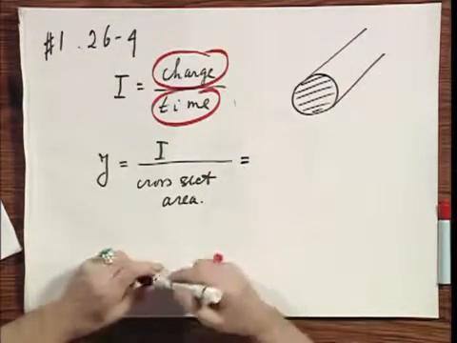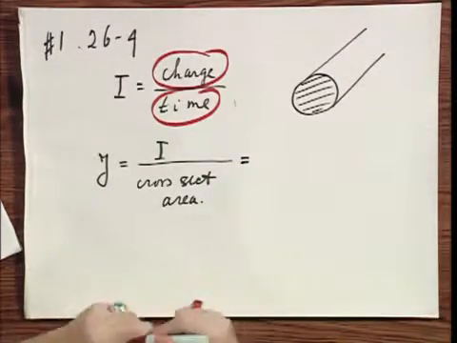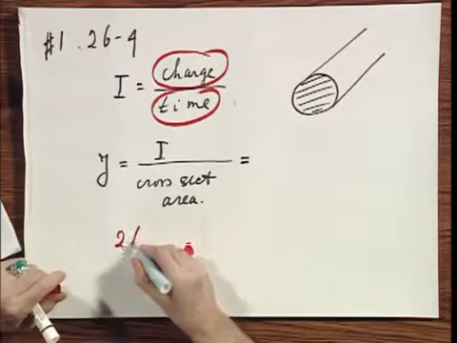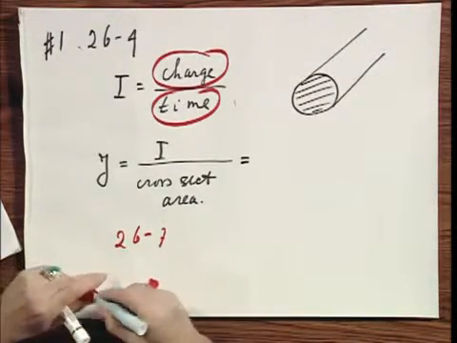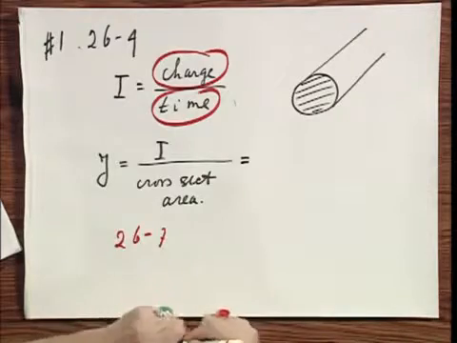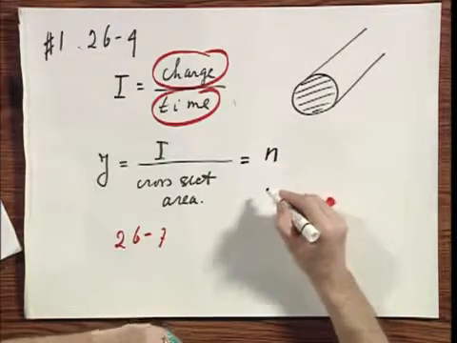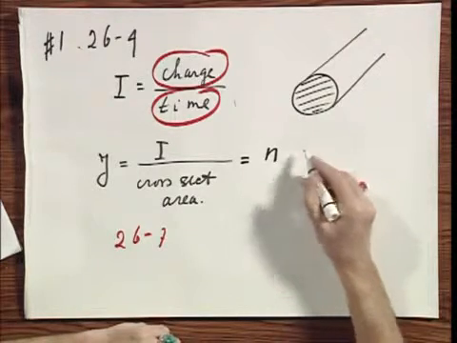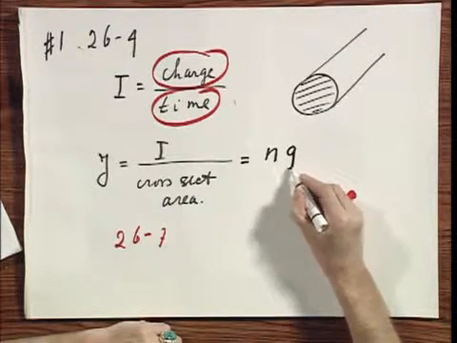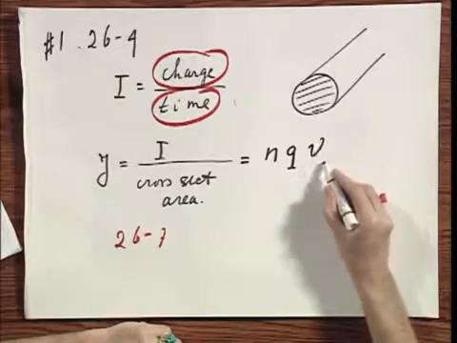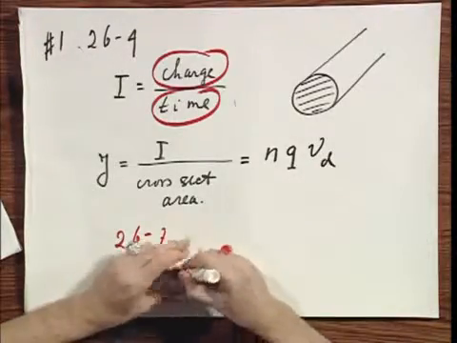But if you look in section 26.7, where the idea of drift velocities is discussed, you will see that J is also equal to n, the number of free electrons per cubic meter in a metal, times q, the charge of the electron, times the average drift velocity.